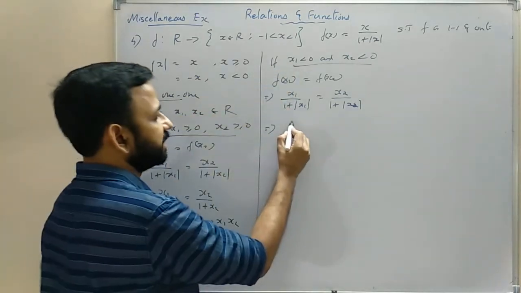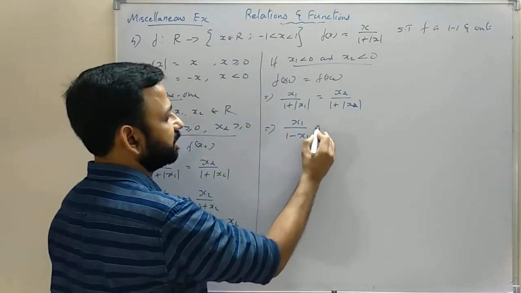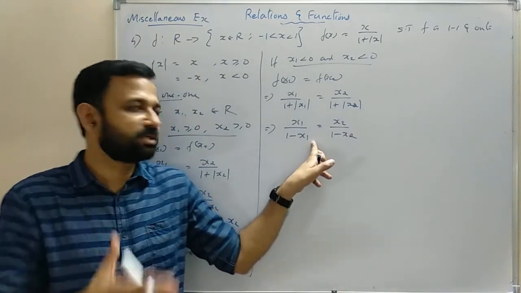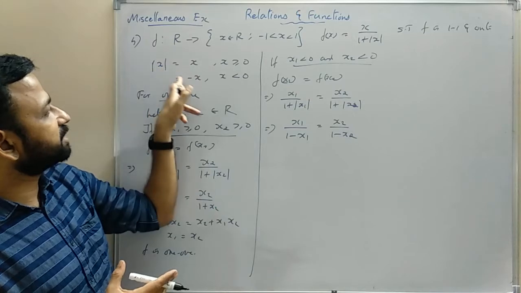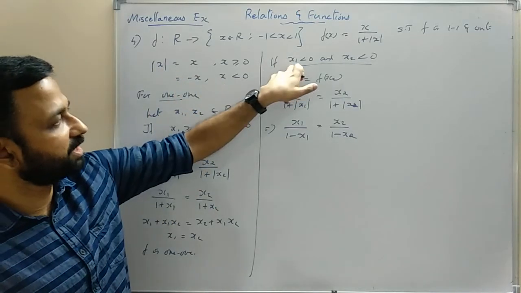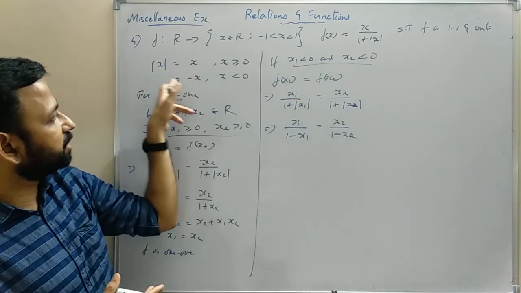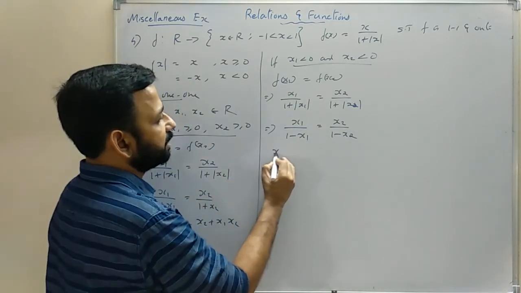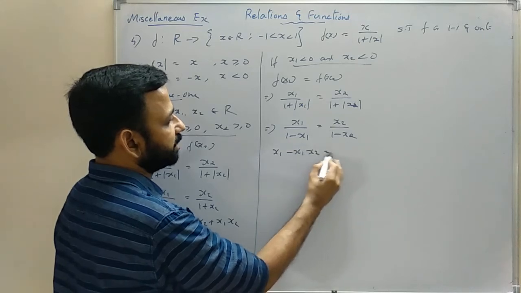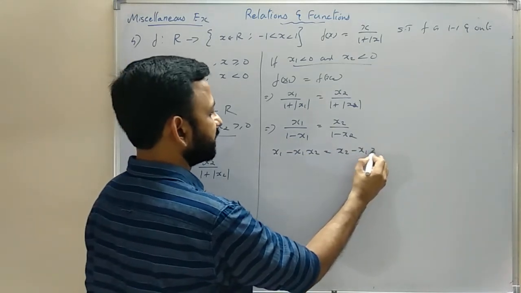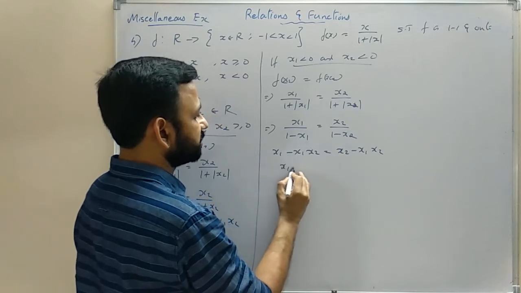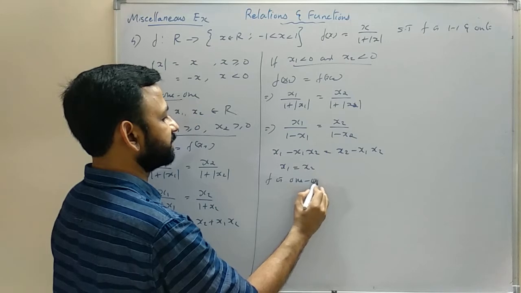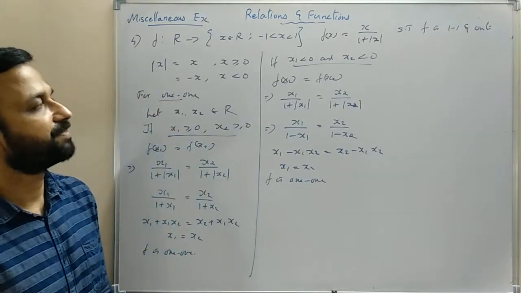So here we can write x1 upon 1 minus x1 equal to x2 upon 1 minus x2, by using the definition of modulus function: modulus of x is equal to minus x when x is less than 0. Now we cross multiply: x1 minus x1 x2 is equal to x2 minus x1 x2, cancel, so x1 equal to x2. So we can say f is a one-one function. Again it is one-one.